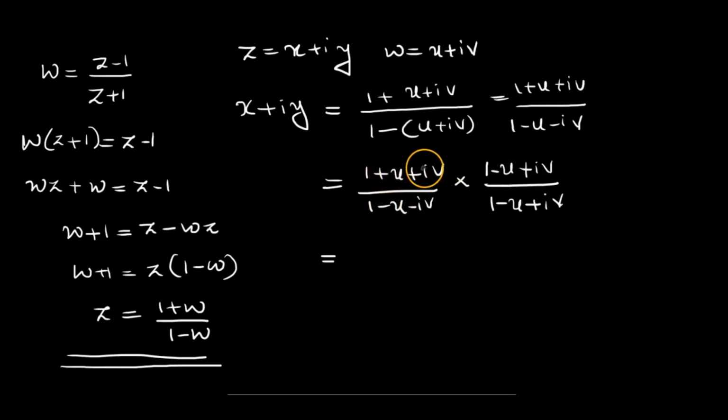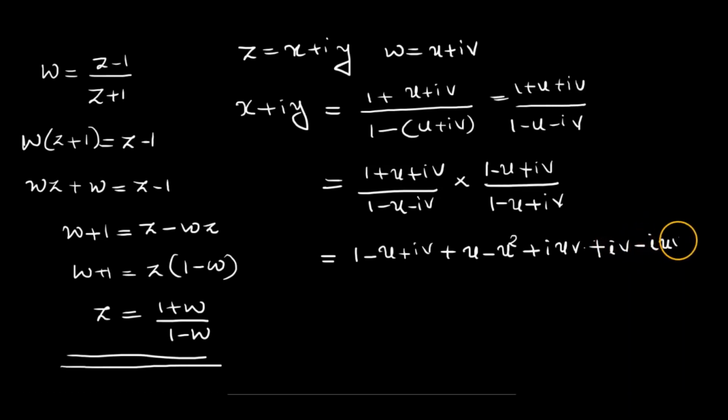Now multiply term by term. We get 1 into (1 minus U plus iV) is 1 minus U plus iV. Now plus U into (1 minus U plus iV), that is U minus U square plus iUV. Now plus iV into (1 minus U plus iV), this is plus iV minus iUV plus i square V square, that is minus V square.